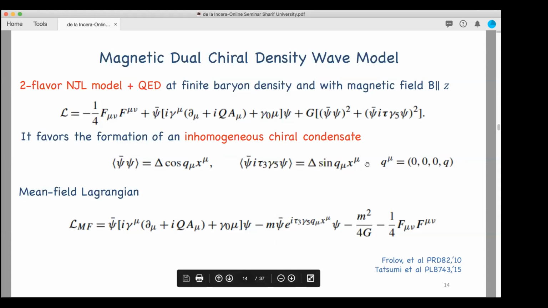So you introduce this condensate here, and find the mean field Lagrangian, and when you do that, you see that the mean field Lagrangian has a mass term that is complex. It's not convenient to work with a complex mass term, but you can do a transformation to get rid of that term, and that was done by the authors who did this study, Frolov et al., and also Tatsumi.